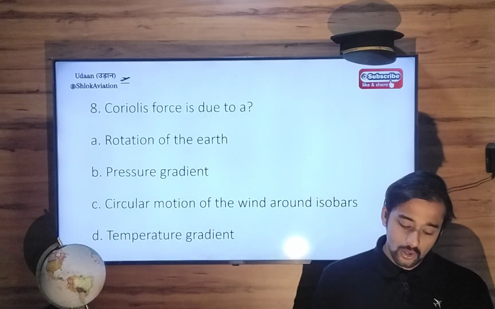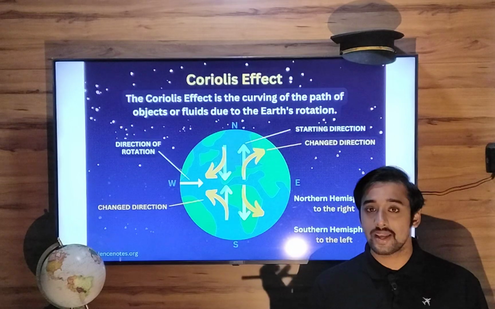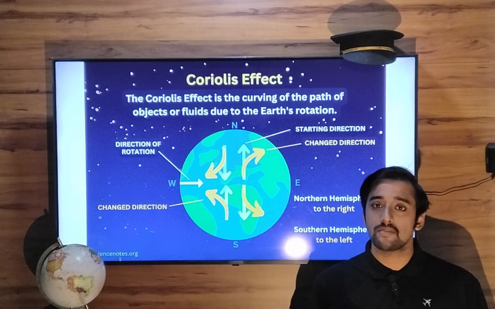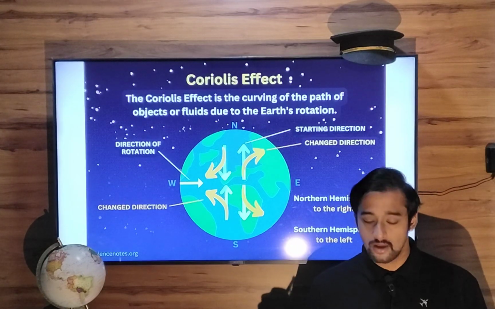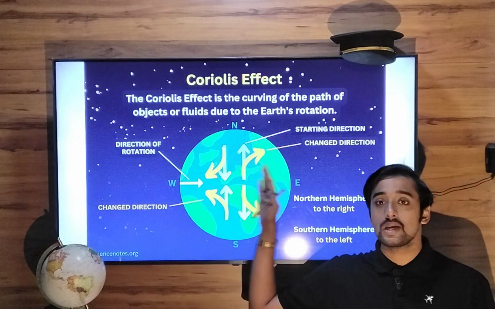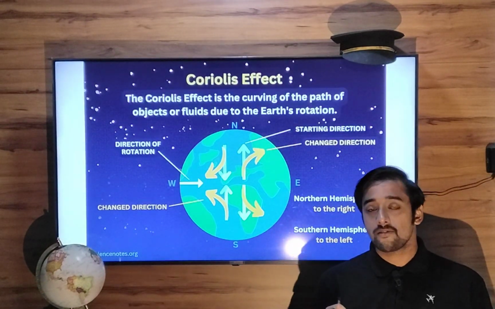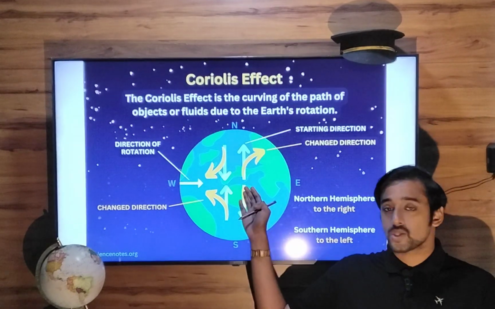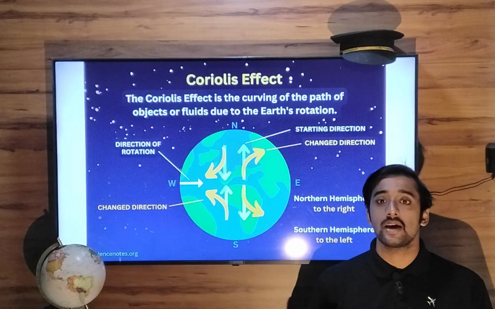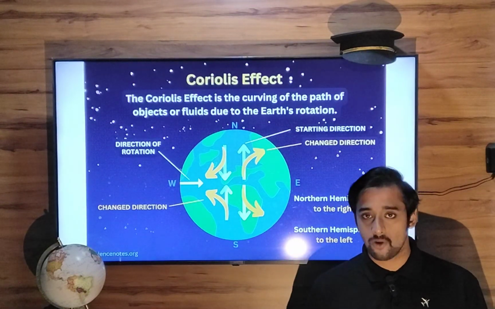Coriolis force is due to what? Now, Coriolis force is not really a force, it's an effect. It's a consequence of something that is happening on the planet Earth. We all know that the planet Earth revolves from west to east, and as a result of that revolution, the winds or the air flowing on the surface of the earth will deflect to the left or right.